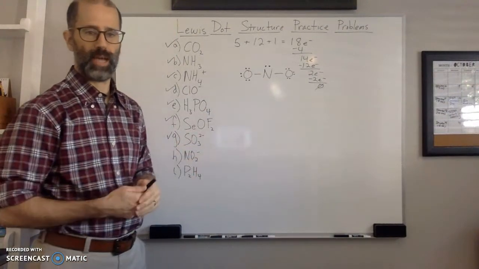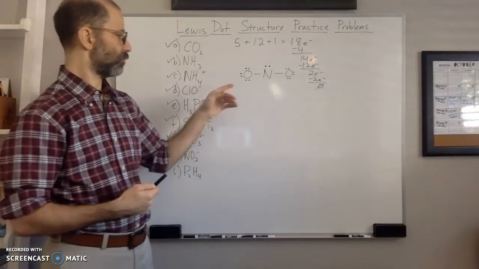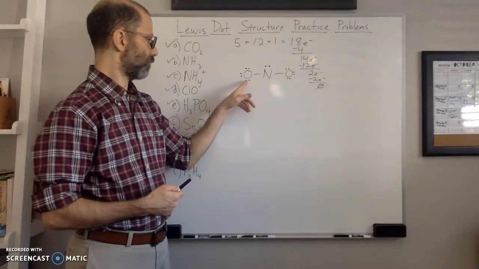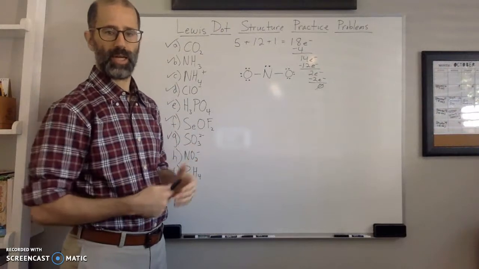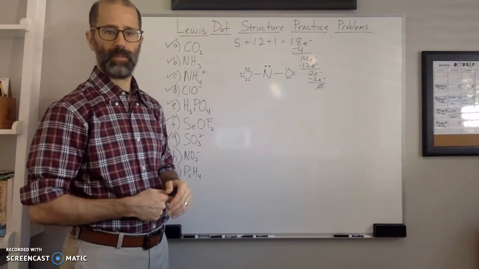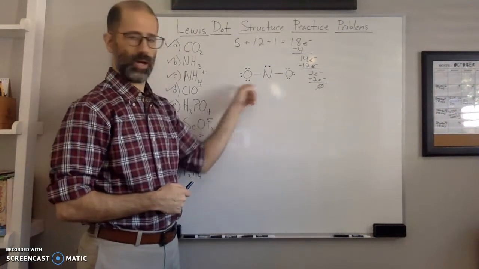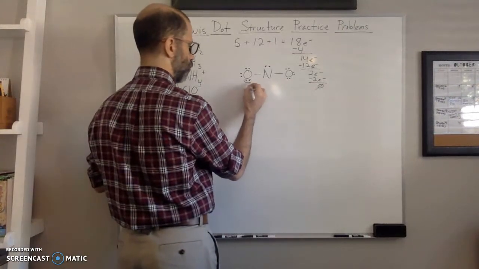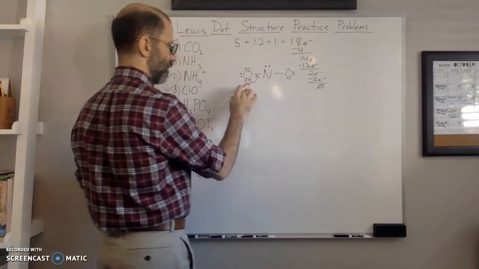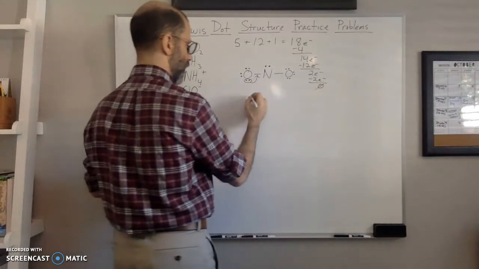So the next step, and the only step I have left, is to move electrons from one of my outer atoms and create a second bond, a double bond. And it doesn't matter which one I take it from. So I'll take it from this one. So I'm going to move this pair of electrons, create another bond.